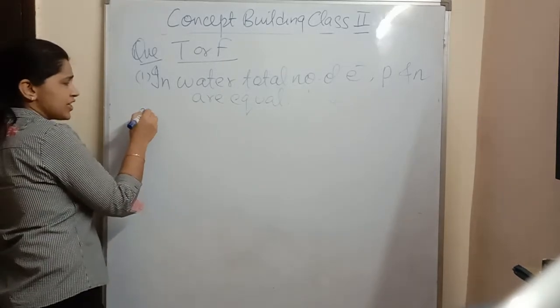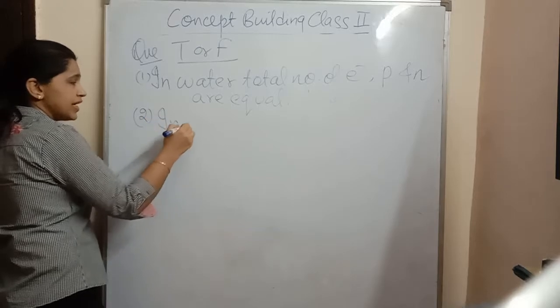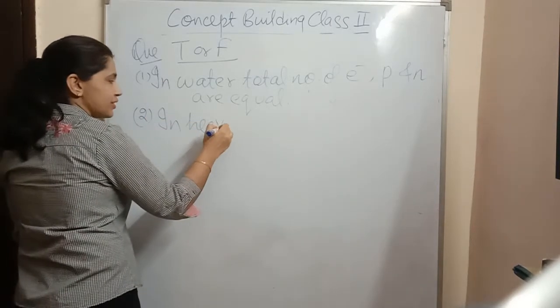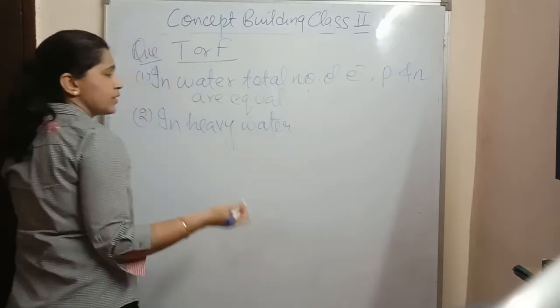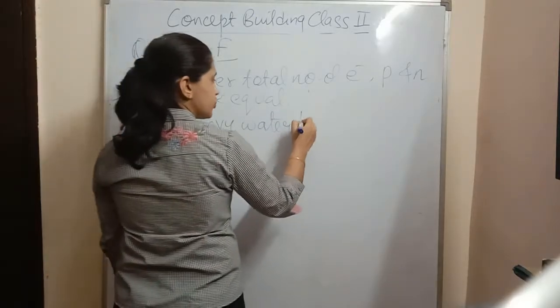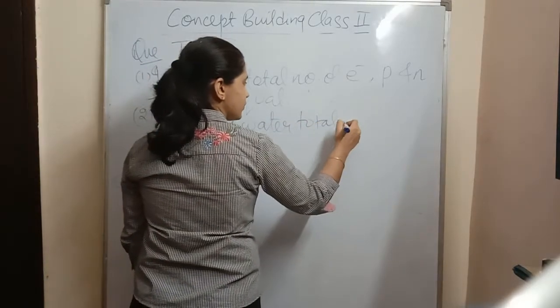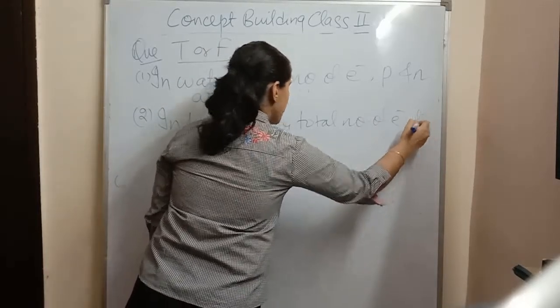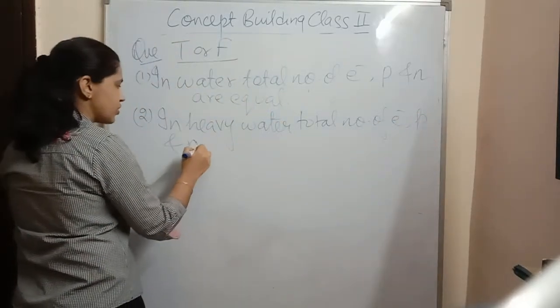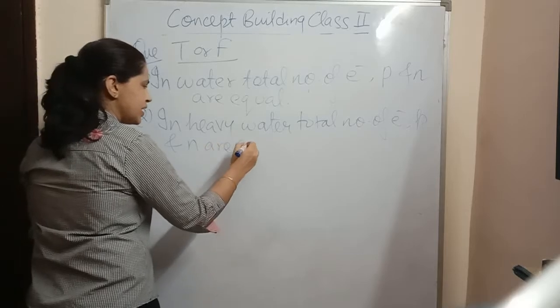I'm going with the next statement also. In heavy water, total number of electrons, protons and neutrons are equal.